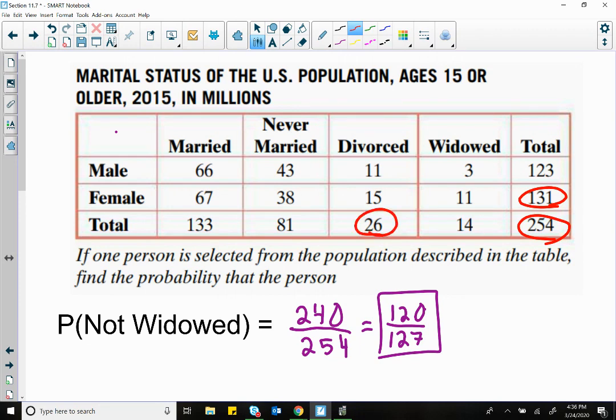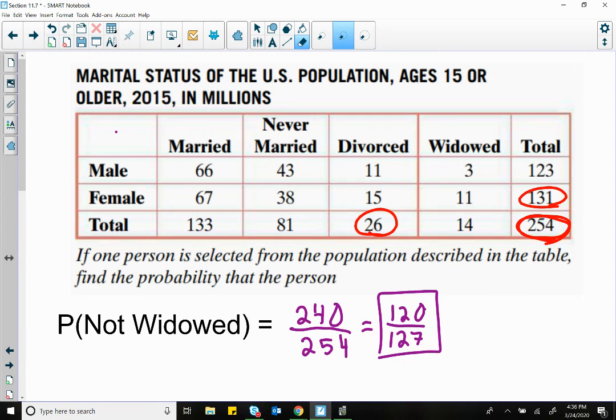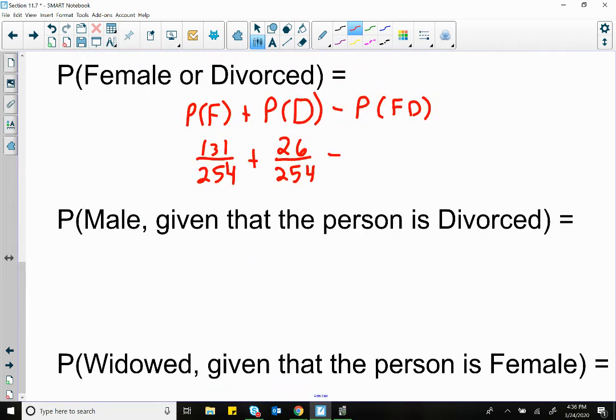Well, that's 26 out of the 254 again. But I have to take out all those people that are female and divorced, because we just counted them all twice. So how many people are female and divorced? That are both? That's the 15. Out of how many people total? The 254. So there we're taking out all the people that we counted twice.